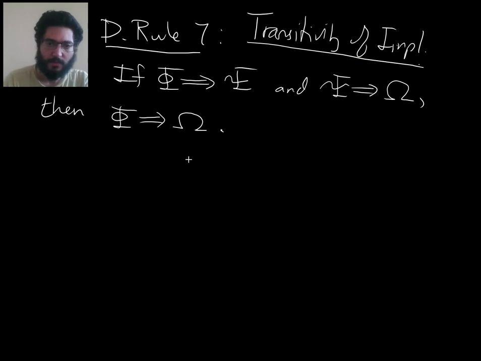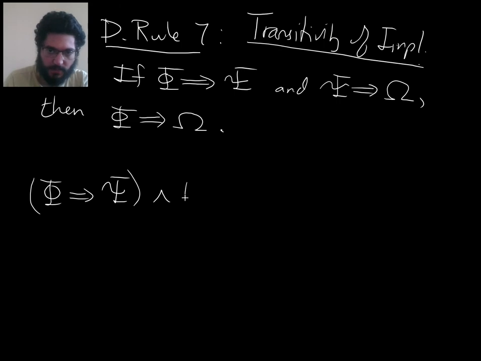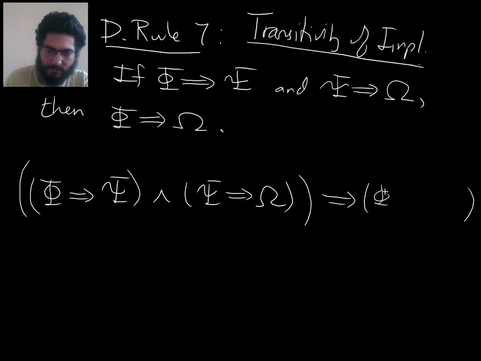So why this mixture of ways of saying things? Actually, what's written here is the same as if I wrote this: phi implies psi, and psi implies omega, all that implies phi implies omega.